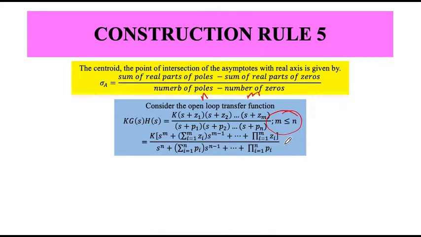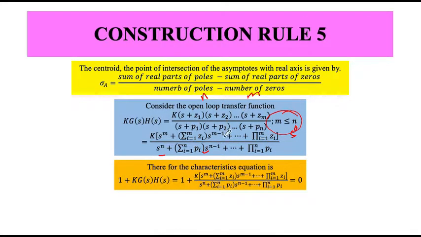Now I just do some high school algebra, and write this in decreasing powers: s to the power m minus 1 with the coefficient being the sum of all these terms, until I reach s to the power 0, which is the product of all these terms. Similarly, in the denominator I start from s^(n-1) with the sum of all these terms, down to the product of all these terms. I am just dividing one by the other.